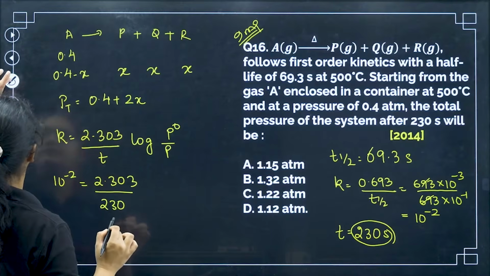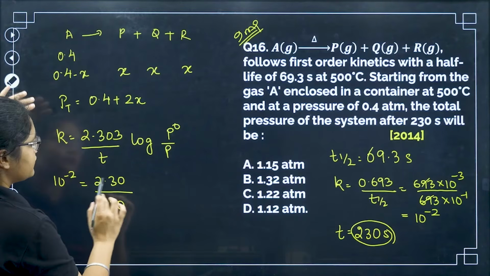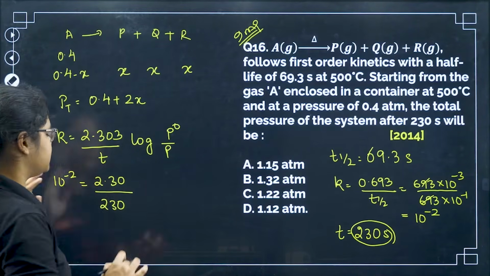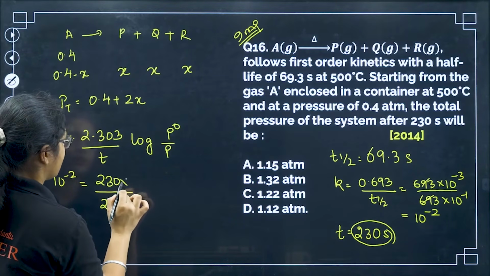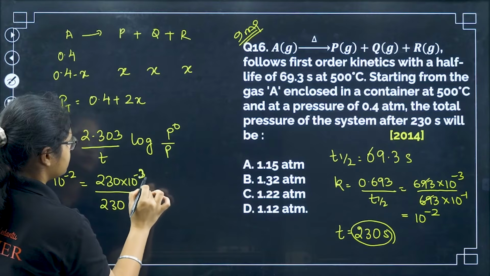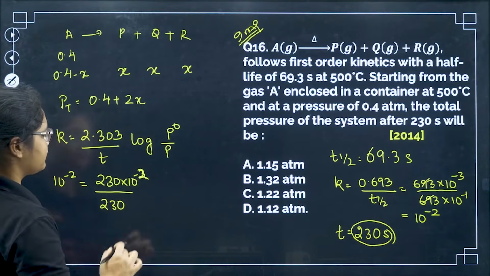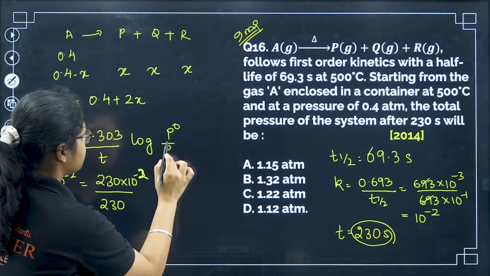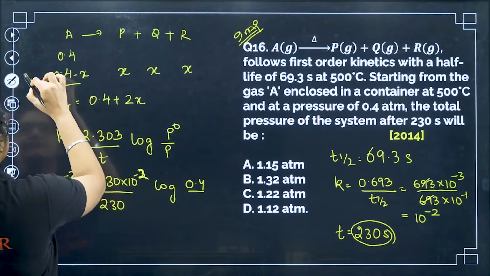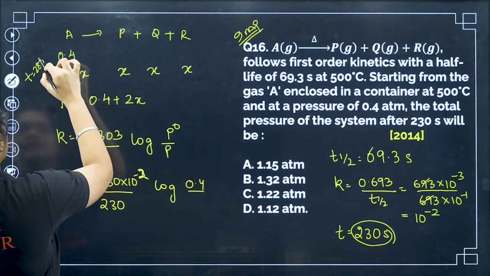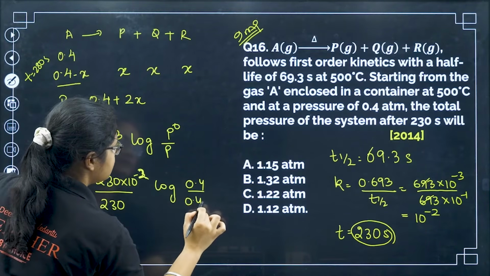So I'll write it in this way so that it is more clear: 230 into 10 to the power of minus 2. So that will give me 2.303 and log of, what is the P naught value? 0.4, and pressure after 230 seconds is 0.4 minus X.